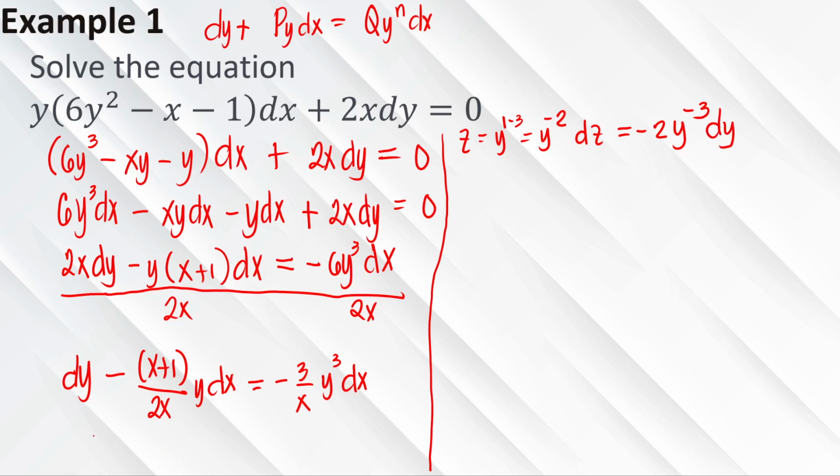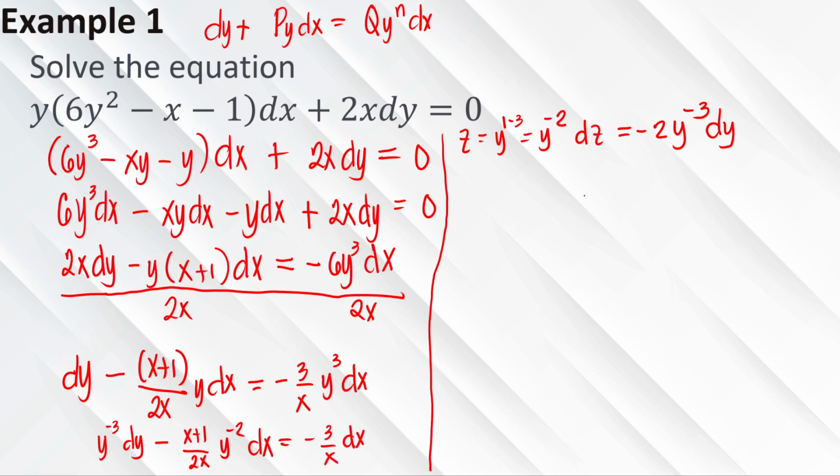So, pag nag-divide tayo ng y raised to 3, remember dito, dapat wala nang katabi si Q na y raised to n. So, pag nag-divide tayo ng y raised to 3, meron tayong y raised to negative 3 dy minus (x plus 1) over 2x y raised to negative 2 dx, sorry, 1 minus 3 is negative 2, which is equal to negative 3 all over x dx.